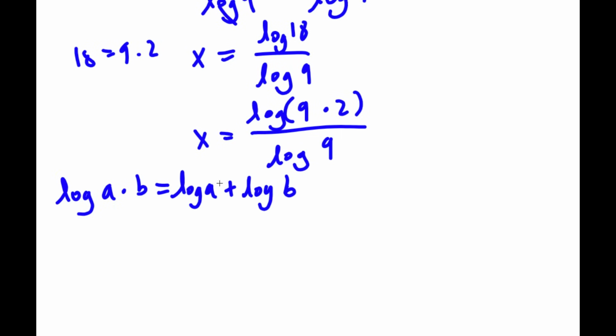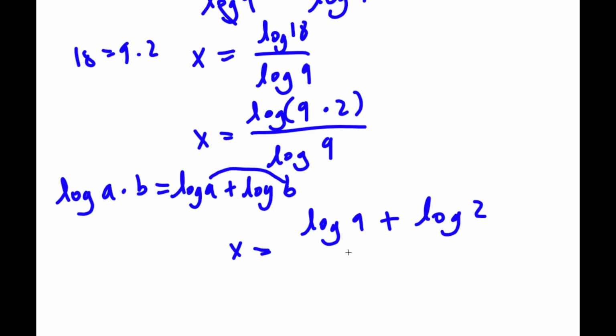Because remember, when you're adding logarithms, you're technically just multiplying the two numbers in front of the logarithms. So log 9 times 2 is going to equal log 9 plus log 2, divided by log 9.